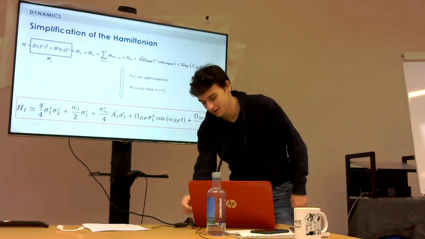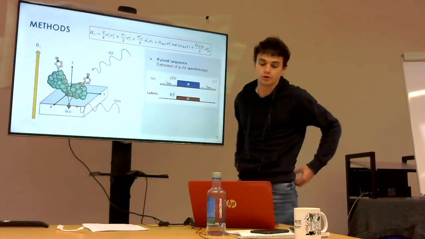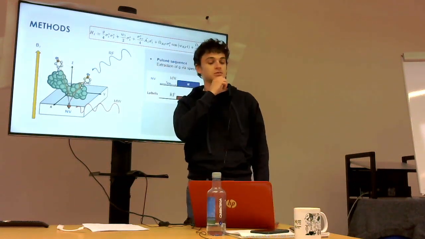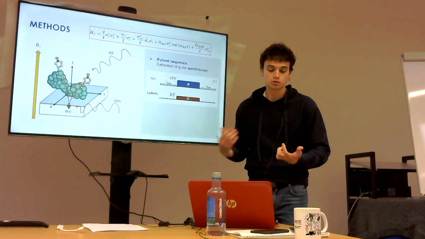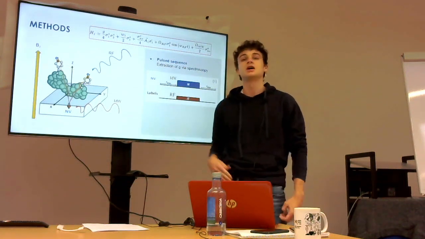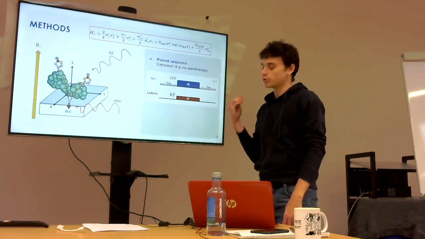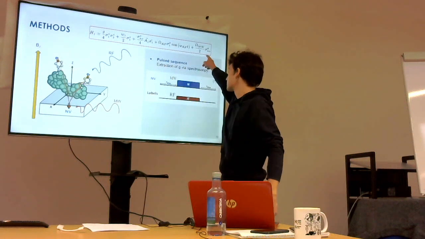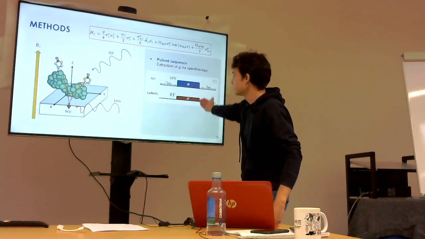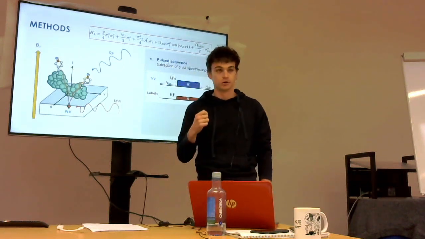Okay, so now, after all of this, we know how our system behaves, approximately, like this Hamiltonian. So now let's introduce the methods to detect this coupling constant G. The first proposal is to use a pulsed sequence, meaning that we will be applying these two drivings to our system only during a period of time, and then for the rest of the time, we will let the system evolve freely.